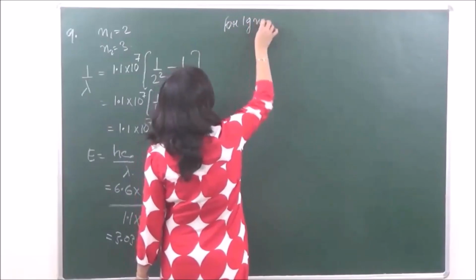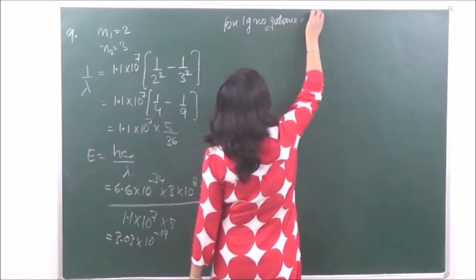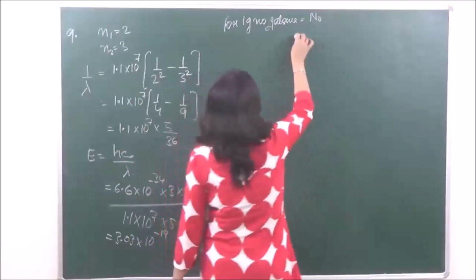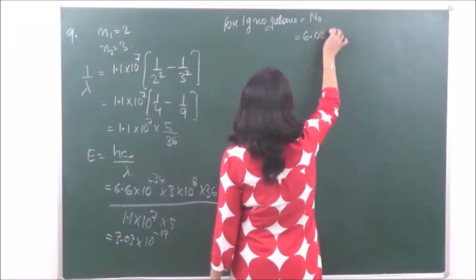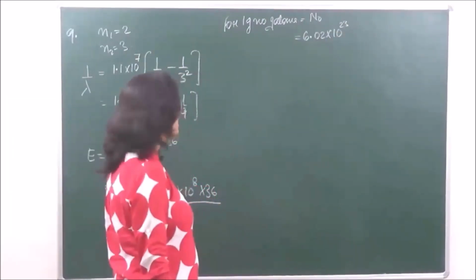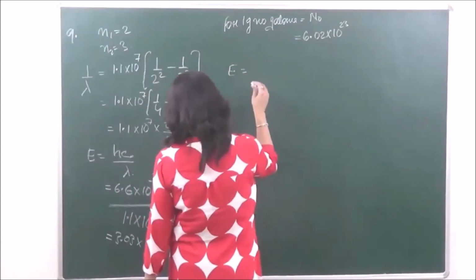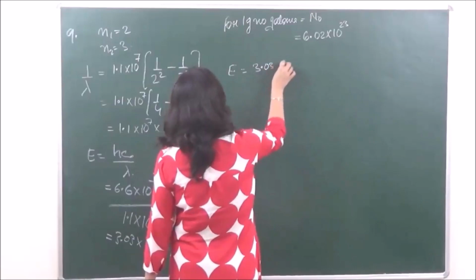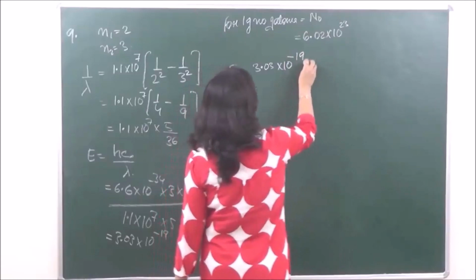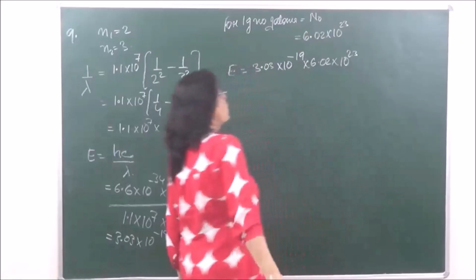number of atoms is going to be equal to N0, which is the Avogadro's number. This is an important question again. So this is 6.02 into 10 raised to power 23. Okay? So let's multiply energy for 1 gram. That will be equal to 3.03 into 10 raised to power minus 19 into 6.02 into 10 raised to power 23.